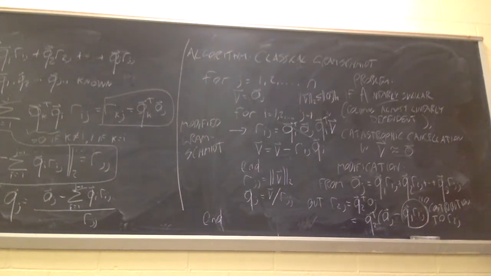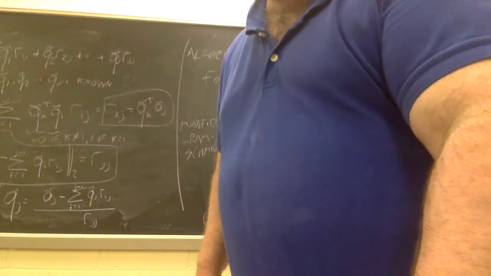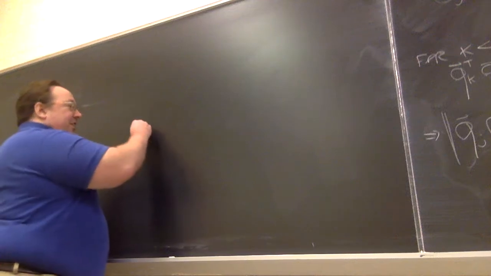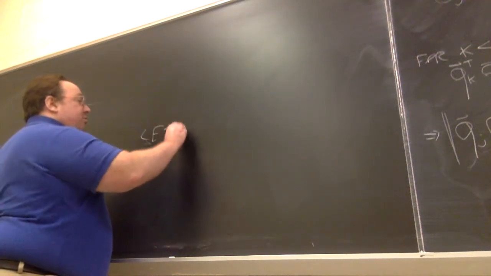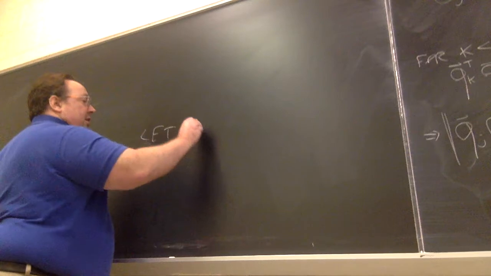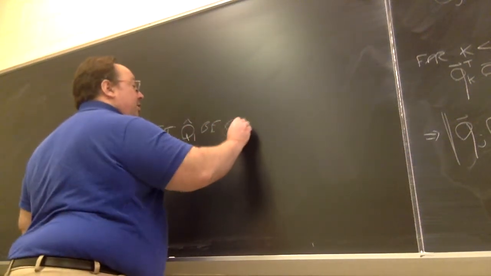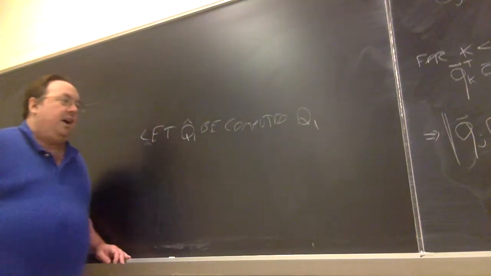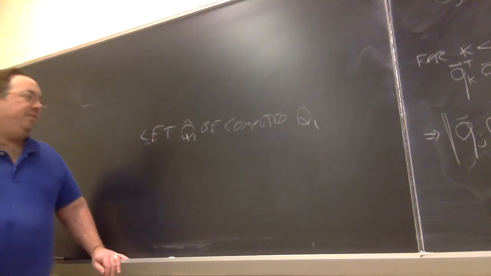Now, how well does this actually work? The answer is, it's still not that great. But it's definitely an improvement over classical. So to give you an idea, let Q1 hat be the computed Q1 when you're trying to get the QR factorization.